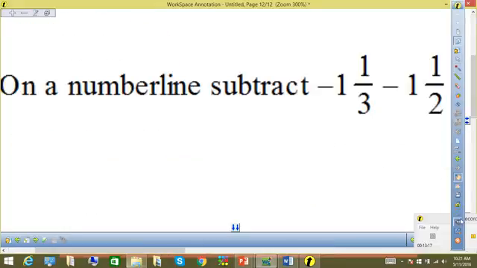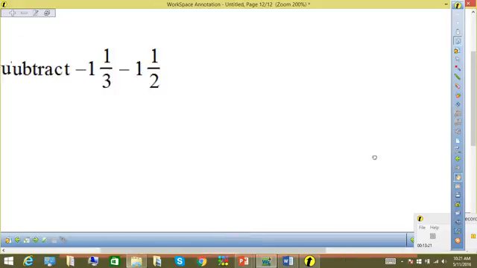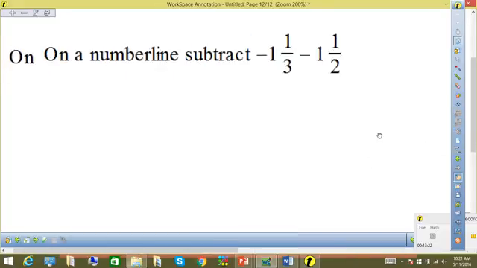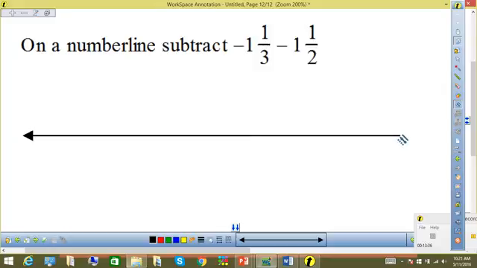All right, it says, on a number line, subtract negative 1 1/3 minus 1 1/2. Okay? So, get a number line going. And let's see.